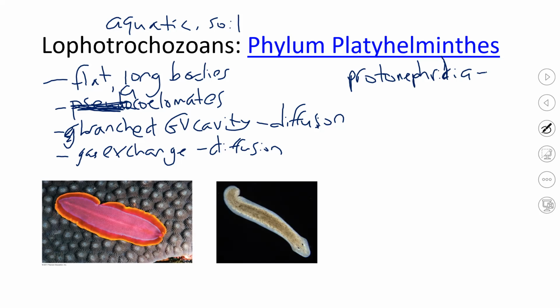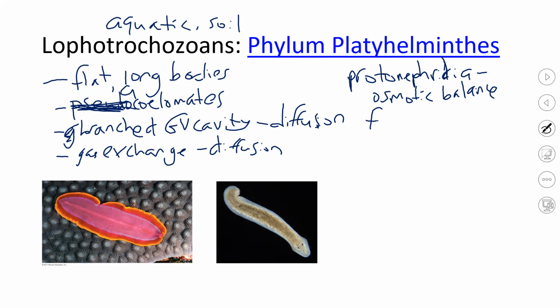So this is like a precursor to kidneys. These are helping to control the osmotic balance in their bodies. So they're simple excretory organs. Your kidneys do a lot to control the osmotic balance, the level of water and salts in your body. That's what these are doing.